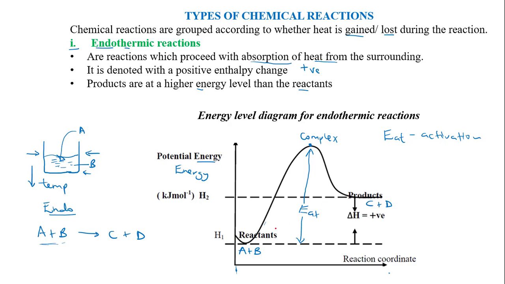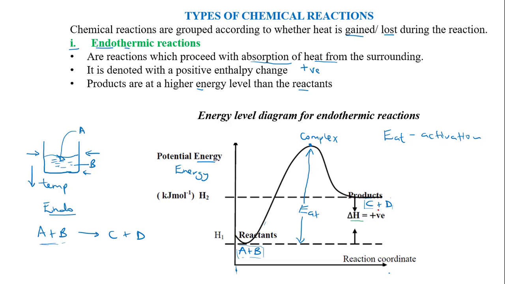The difference between the energy level of the reactants and that of the products is what we shall call the enthalpy change. This will be our enthalpy change, denoted by delta H, which is positive.